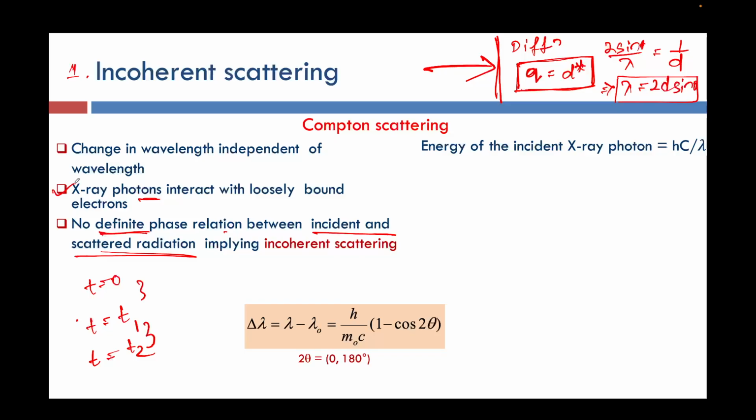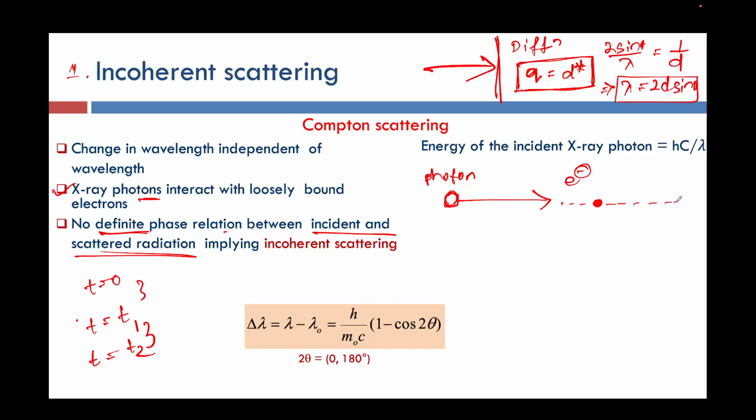So let's say this is my photon coming, and this is a loosely bound electron which is there in my material. Now what will happen? It will come and hit it, right? This is a photon and this is a loosely bound electron. Okay, so this is my first scenario.